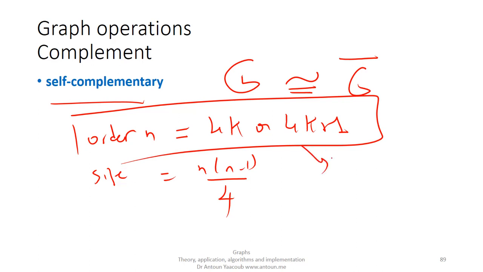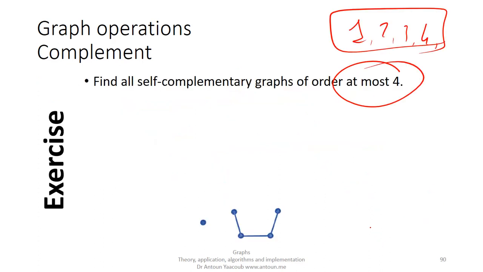If I pick k equal to 0, I will have 0 or 1, and obviously there's no 0. And if I pick k equal to 1, it would be 4 and 5. So the options that I have, the order must be either 1, 4 or 5. They are telling us at most 4, so we are not talking about 5. Now you will do that as a practice.